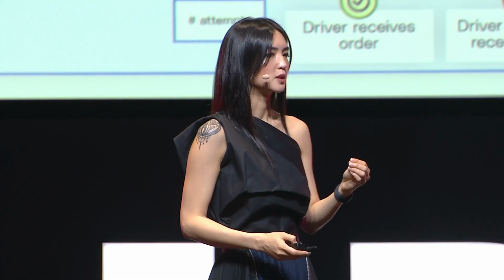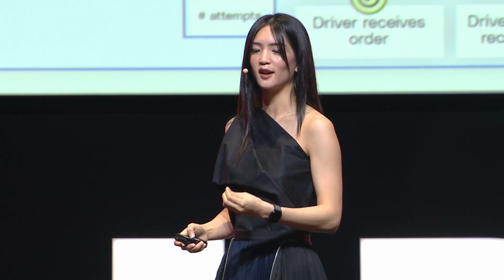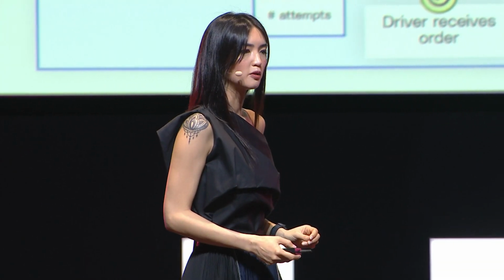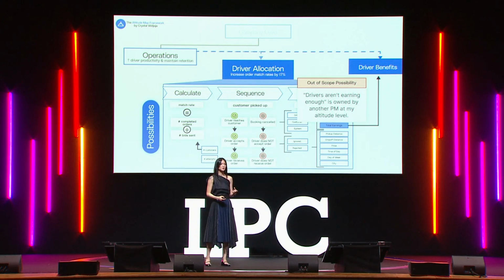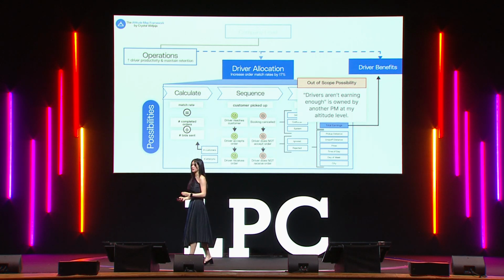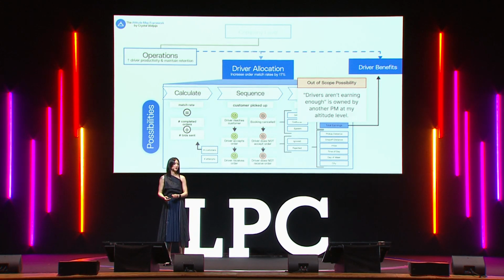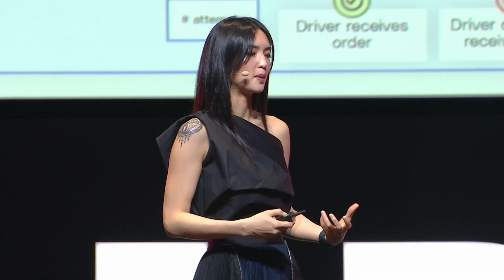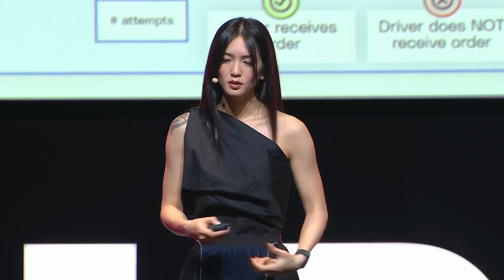If the driver benefits product manager, who also reports to our manager, is focused entirely on driver earnings, income, then this is an out-of-scope possibility. Doesn't mean that I can't solve it or target it, but it does mean that I'm about to step on someone else's toes, and that there needs to be an alliance and an agreement and an understanding of the ROI. If I'm solving for someone else's altitude, by definition, I'm not solving for my own. And so I have to be aware of when I'm about to make these missteps. The goal is to consider our own altitude.